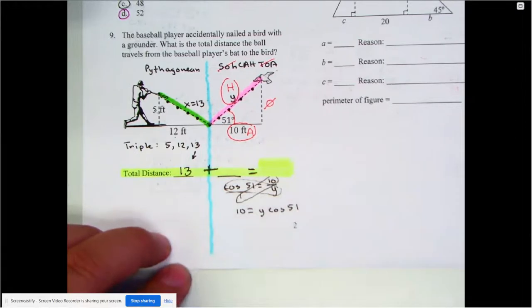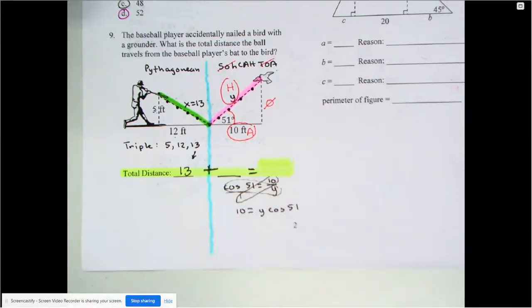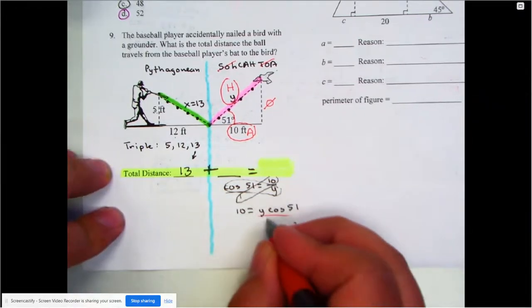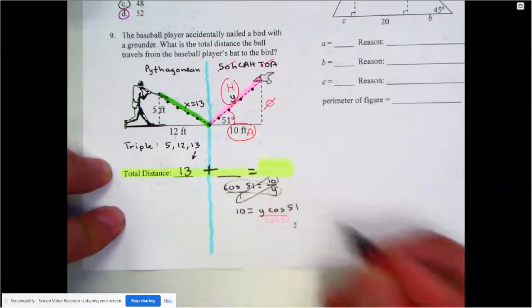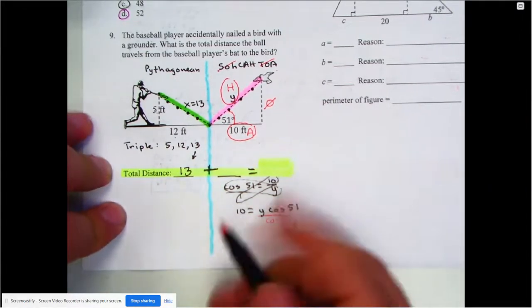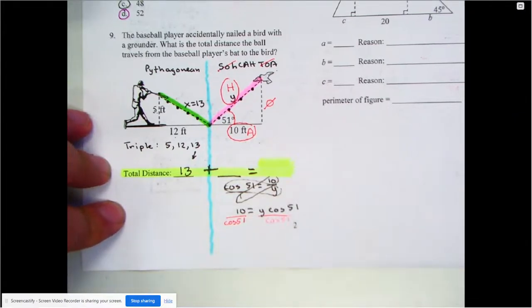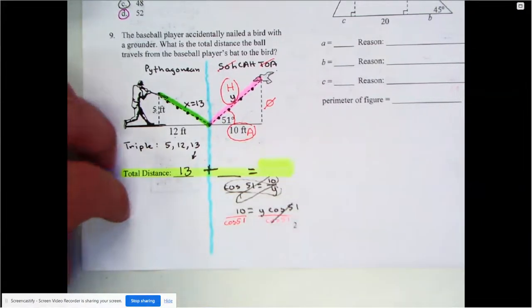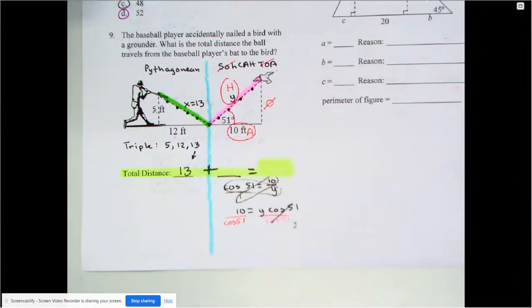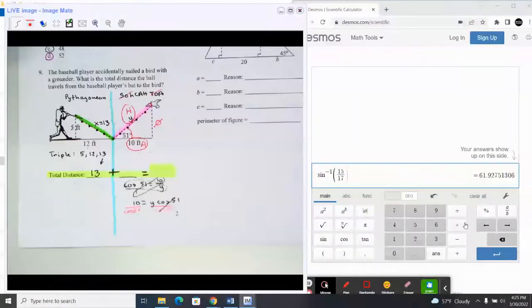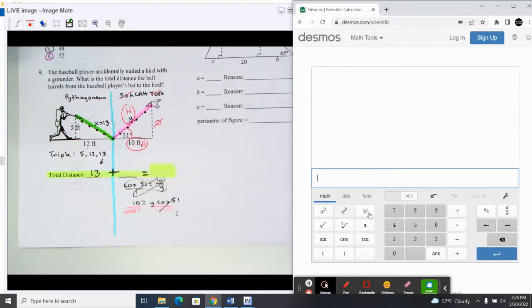They're multiplying with each other, so of course that means I still have that extra step where I have to divide by cosine of 51. And then I let the calculator take over. Just remember, when you're typing this into Desmos, you have to make sure that you're writing it as a fraction.